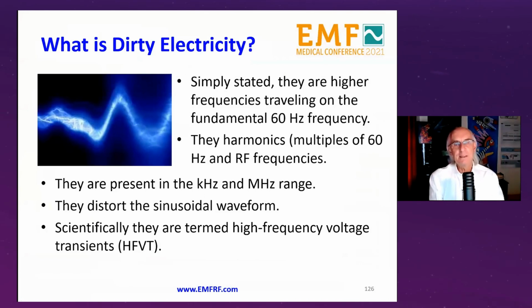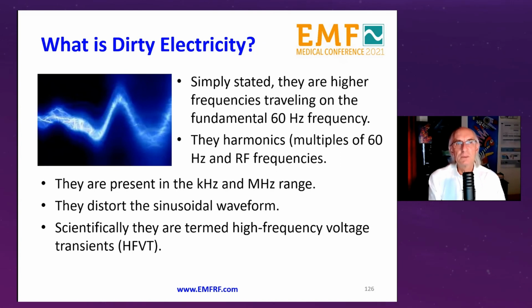Okay, lastly, we come to the topic of dirty electricity. That is quite a complex topic, and there are really no simple ways to identify or eliminate dirty electricity. Well, what is it in the first place? It's basically other frequencies, higher frequencies, riding on top of the 60 hertz power frequency.